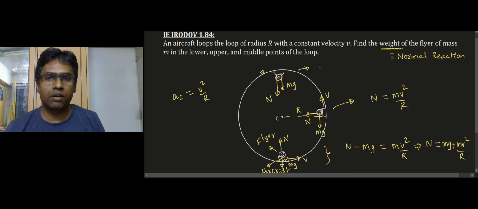So here if I write down the net force towards the center, which is normal plus mg, so that is mv square over r. So the normal reaction or the weight that is asked in this problem is mv square over r minus mg.